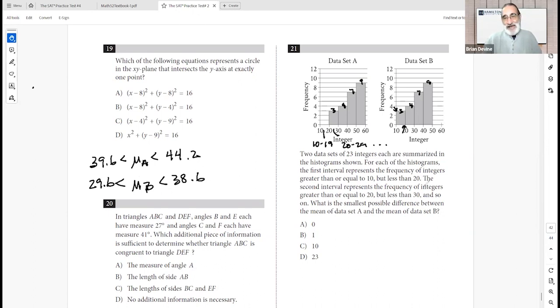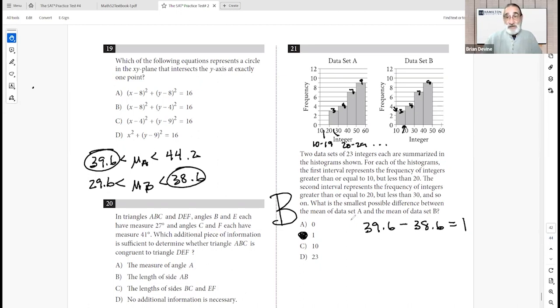And so the biggest that the mean could be for B and the smallest that the mean could be for A would give me the smallest possible difference between the means. If I take that little mean of A, 39.6, minus the big mean possible for B, 38.6, then my smallest possible difference is 1. So B is the correct answer.